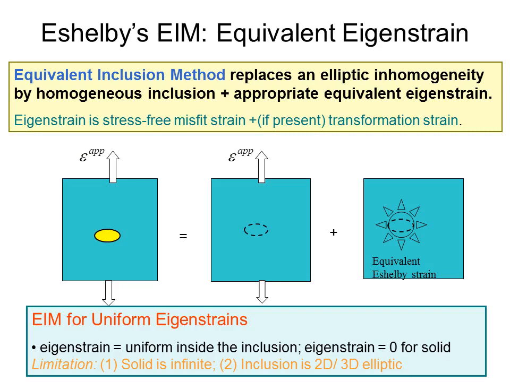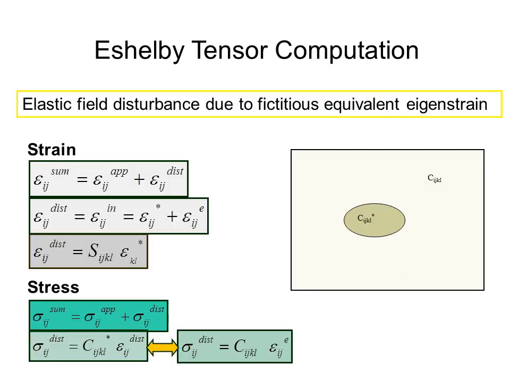So this was in 1957, and these terms were further elaborated by Mura in 1987, and then we have all these relationships between eigenstrain and the elastic strain using the concept of distribution strain and SLB tensor.